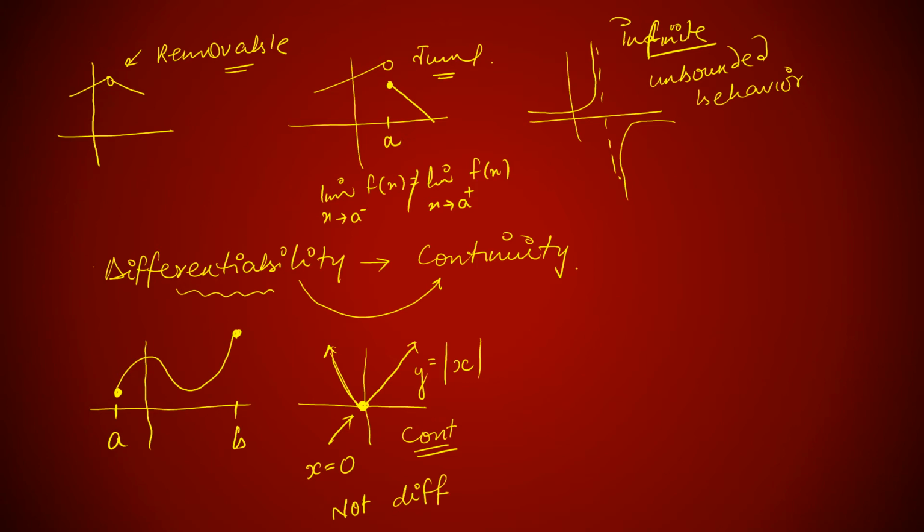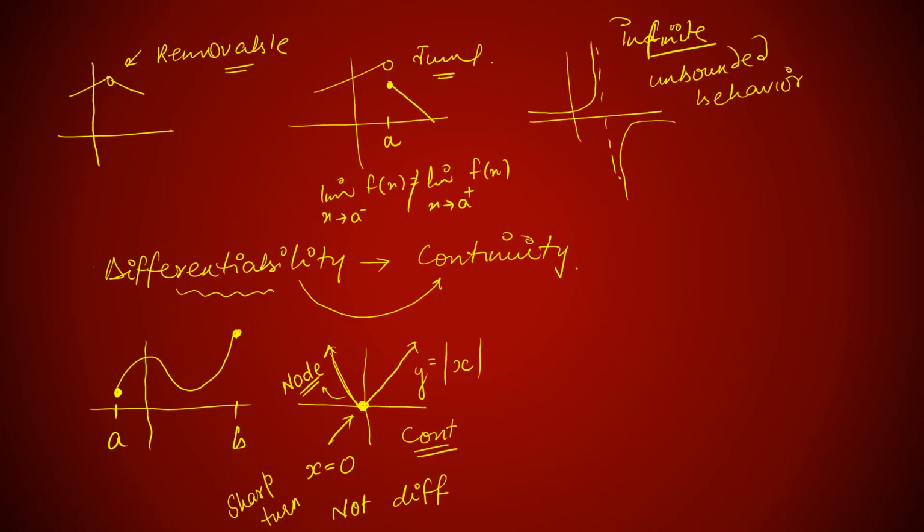Why? Because it doesn't have a smooth curve. At 0, it has a sharp turn, a sharp curve, or a node in the graph. Due to this, we say that this function, although continuous, is not differentiable.